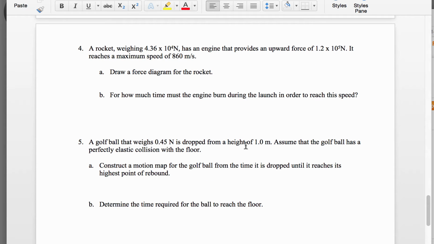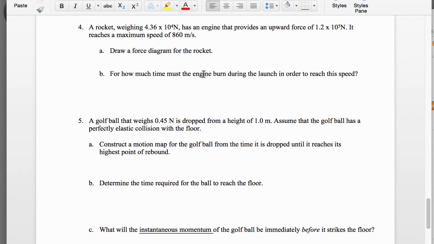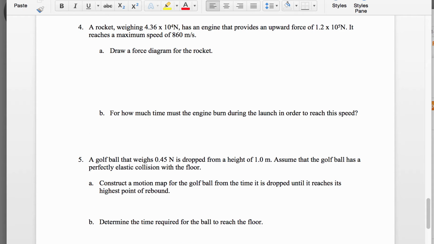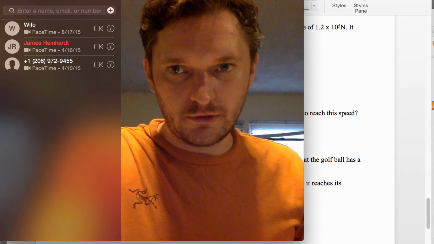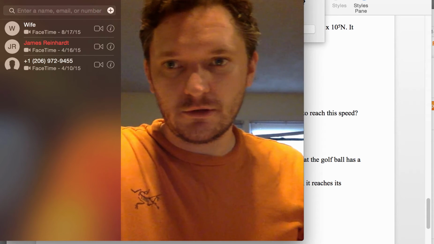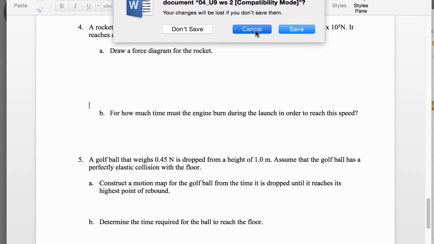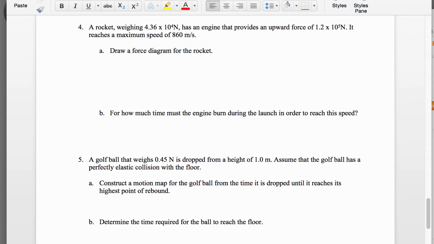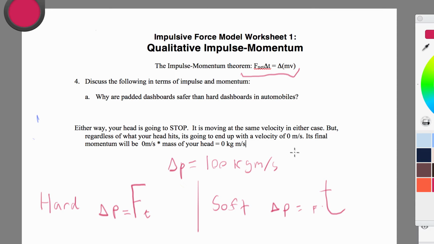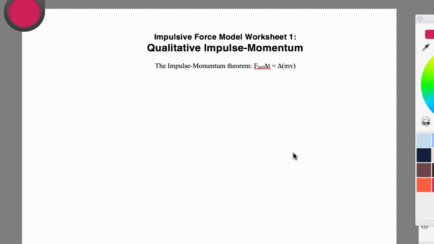Okay, now draw a force diagram for the rocket. Force diagram, if you're not sure what that is. Let me draw a force diagram. It just means I draw, here's my rocket.